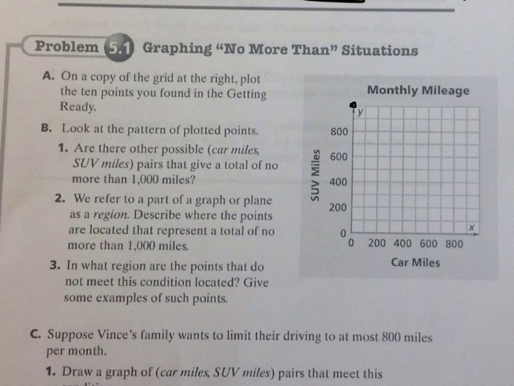They could drive the car for 100 miles and the SUV for 900. The car for 200 miles and 800, 300 and 700, 400 and 600, 500 and 500, 600 and 400, and so on.